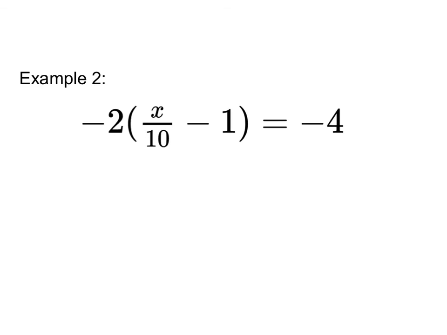All right, so on this one, the first thing you want to do is deal with that times -2. Because in order of operations, you'd first divide x by 10, and then you would subtract 2, and finally you would multiply by -2. So we're going to go in reverse order, 3, 2, 1, and we're going to start by dividing by -2.